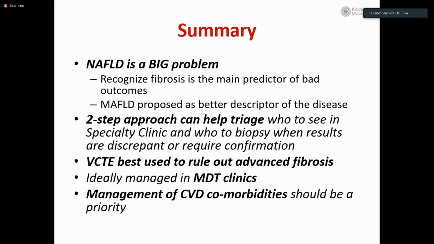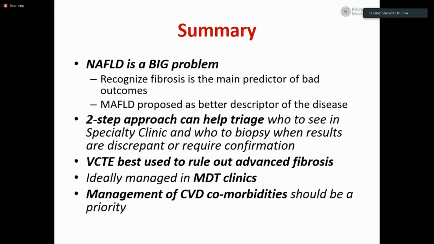So in summary, NAFLD is in fact a big problem. It's a global epidemic. We now know that fibrosis is the main predictor of bad outcomes, and MAFLD is proposed as a better descriptor of the disease. Now, when we manage these patients, we adopt a two-step approach, triage these patients to see which patients need specialty clinic follow-up and biopsy, especially when the results are discrepant and require confirmation.